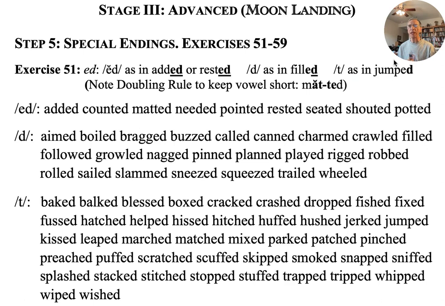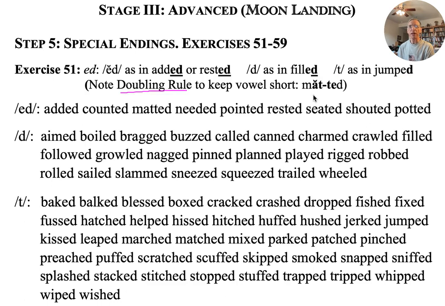If the letter in front of the ED, you can see the ED there, is a quiet cousin, that is a voiceless consonant on the phonovisual chart, then the ED is just going to make the t sound. T. And then here we're going to notice the doubling rule.